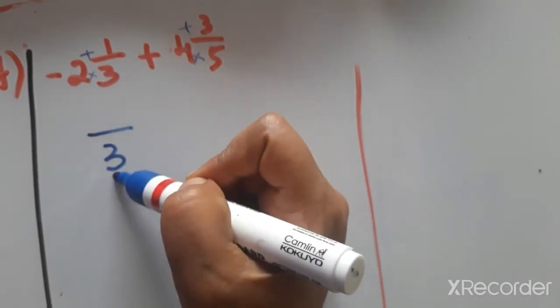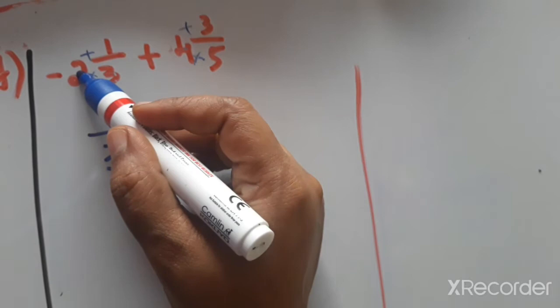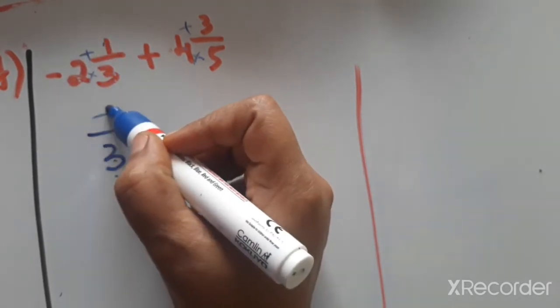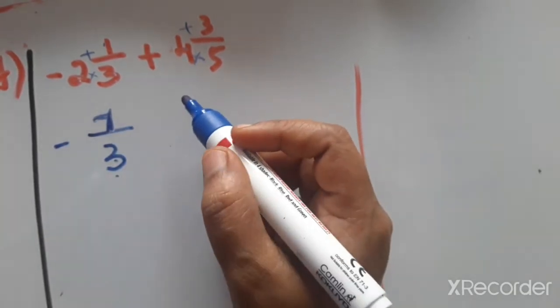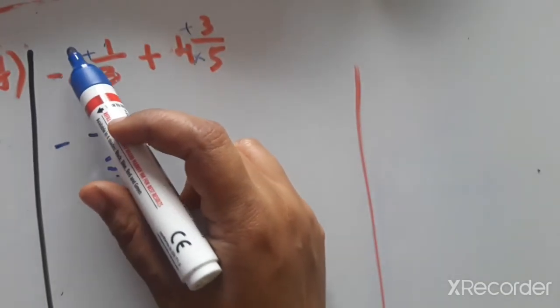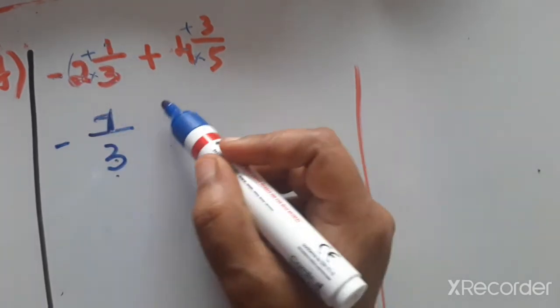Now write the denominator first. 3 first we have to write. 3 into 2 is 6. 6 plus 1 is 7. Then the minus symbol: 7 by 3. Don't consider this symbol now; consider this symbol at last. First 3 into 2, 3 2s are 6. 6 plus 1 is 7.